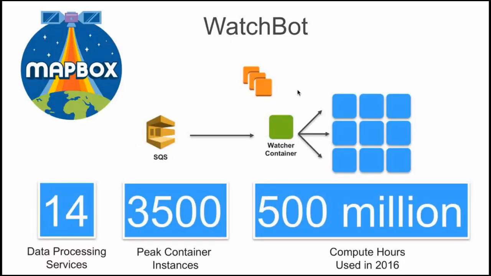Let's do a couple example customer use cases. First great one I like to reference when it comes to both Spot instances and containers is Mapbox, right? So Mapbox, they process those maps that you're viewing perhaps on your phone.